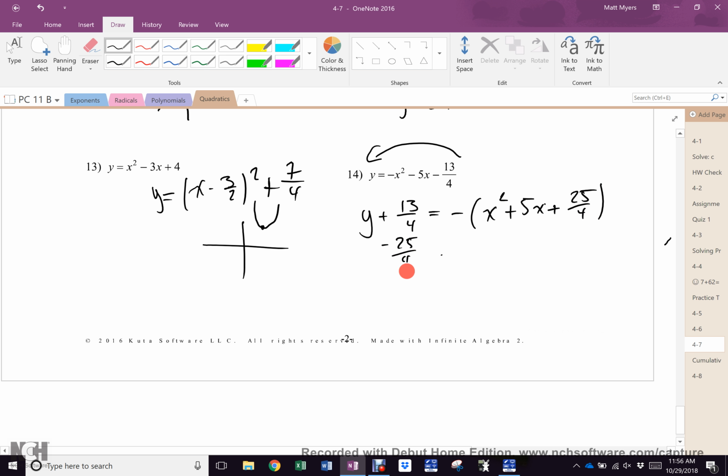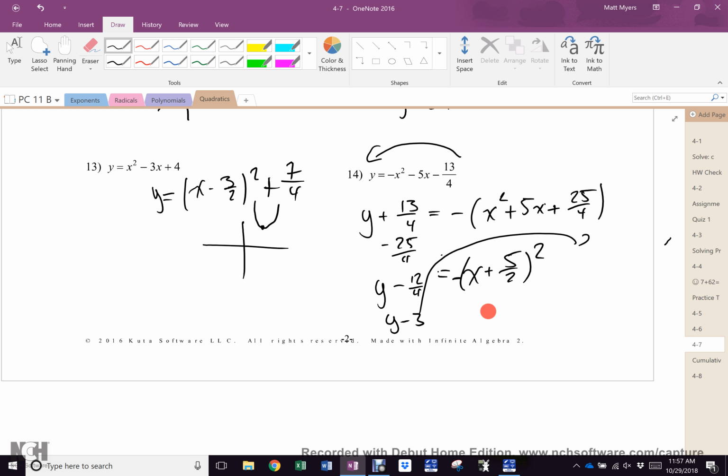Which is y minus 12 over 4, which is y minus 3 equals negative x plus 5 over 2 squared. Then you bring the 3 back there. Okay? Everybody is good?